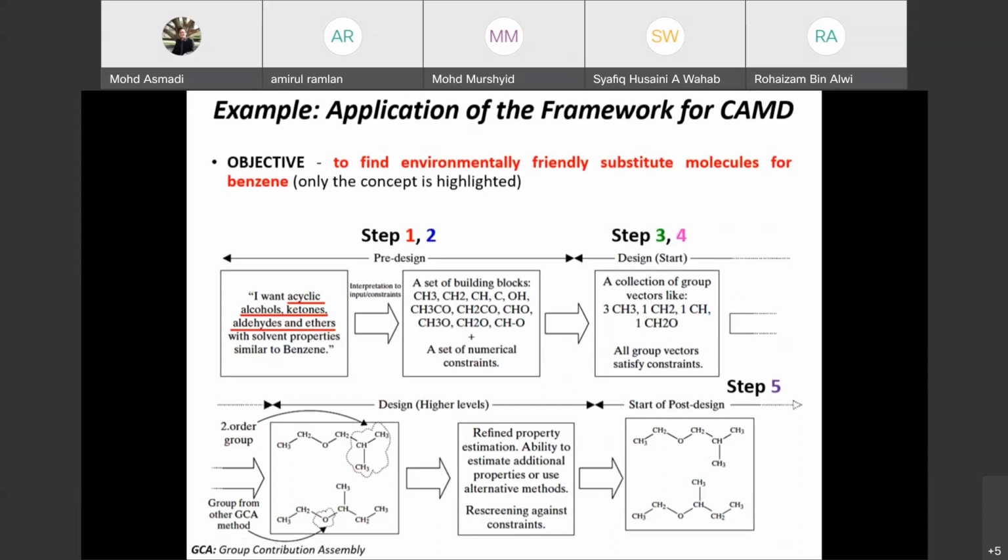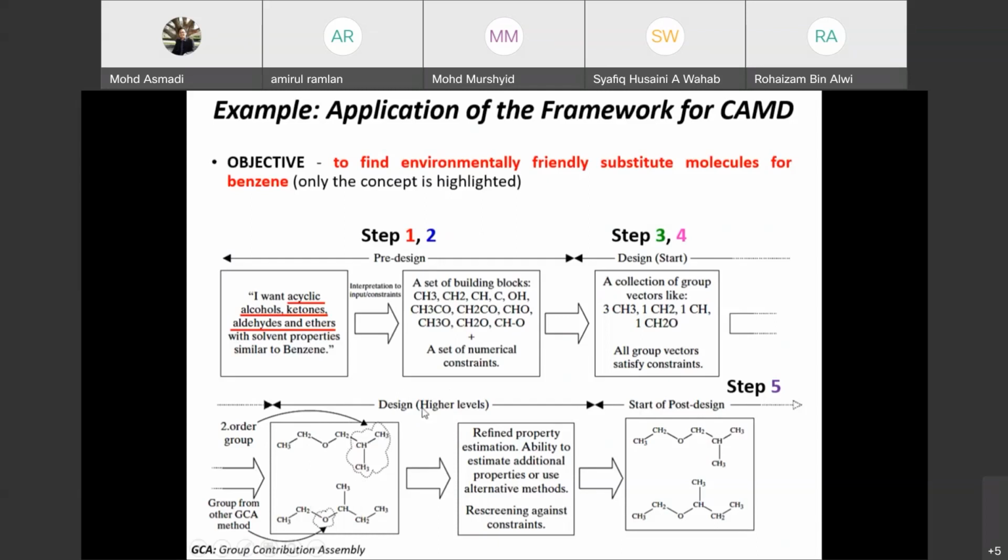Okay. Yang mana boleh replace benzene. Kemudian yang ni adalah first order sebenarnya. Yang ni second order lah. Higher levels. Okay. Selepas tu kita akan tengok the second order. Kita boleh identify atau distinguish the isomer lah. Kalau kat sini dia ada isomer kan.